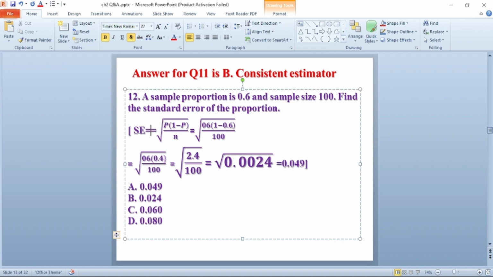So under the square root 0.6 times in bracket 1 minus 0.6 divided by 100. So under the square root 0.6 times 0.4 divided by 100. So under the square root 0.24 divided by 100, which is equal to the square root of 0.0024, which is equal to 0.049. The answer is A.